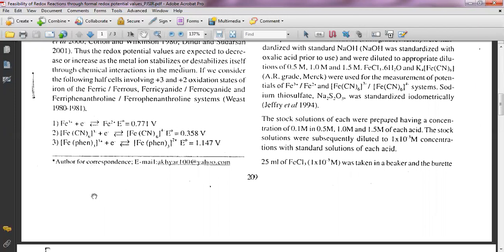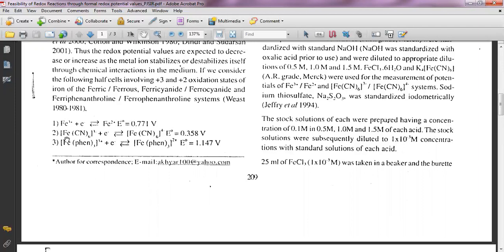So the similarity is that in all three, iron plus 3 is there. The oxidation state of iron is plus 3 in number 2, number 3, and of course in number 1. So this is the bare iron.